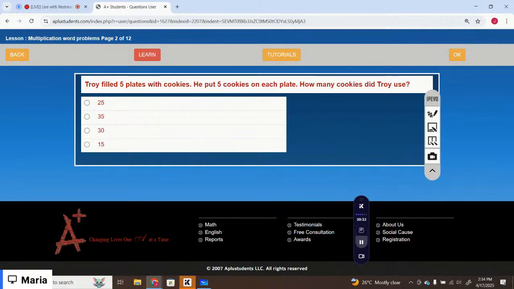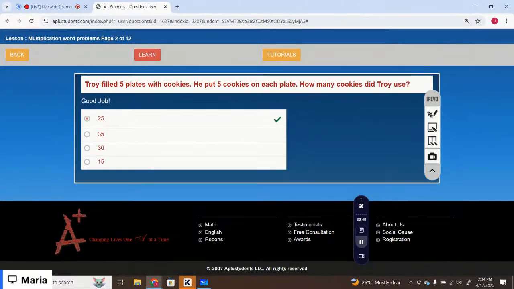Five times five. So which is the correct option? That is 25. Option number 1 is the correct option.